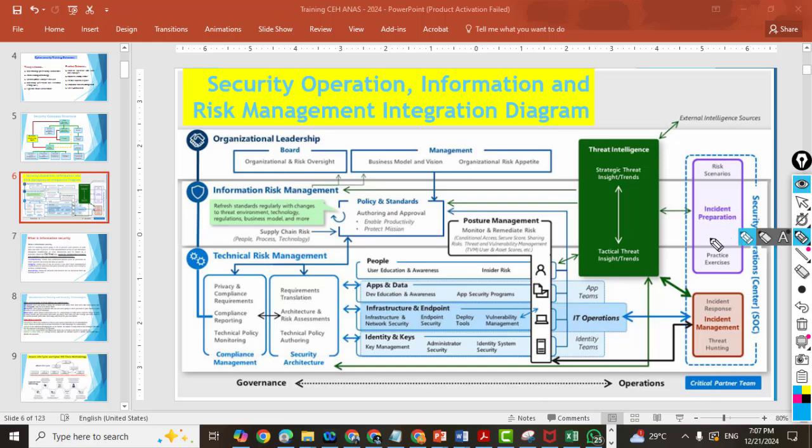So those head the lower departments or sub business units. As we see here, we have compliance management.